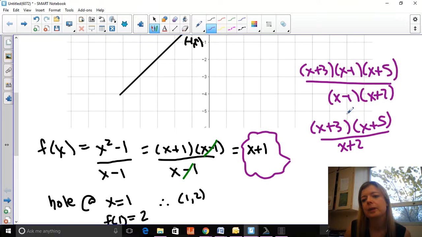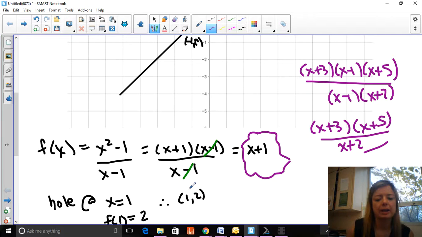So there would be a hole at 1, and then you'd put 1 into this function to find out what the y value would be. There would be a vertical asymptote at -2, and there would be an oblique asymptote that you would have to find because this is a quadratic on the top and a linear on the bottom, so that it's top heavy by exactly 1 degree. So this is the graph that you would be thinking about graphing, but you would just have to include a hole at x equals 1.